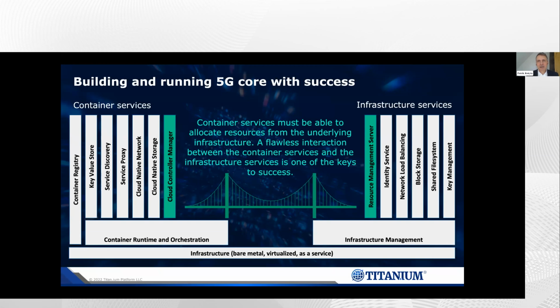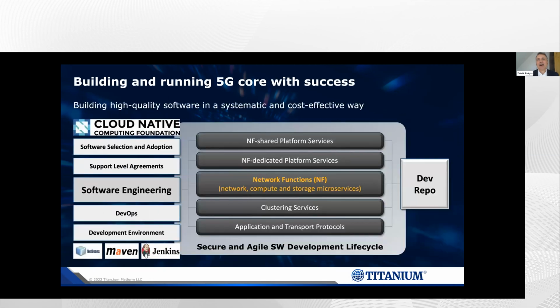So again, integration of these services is important, and defining the responsibility is key. With this message mediated, let's move to the next slide and see how cloud-native products can be built.